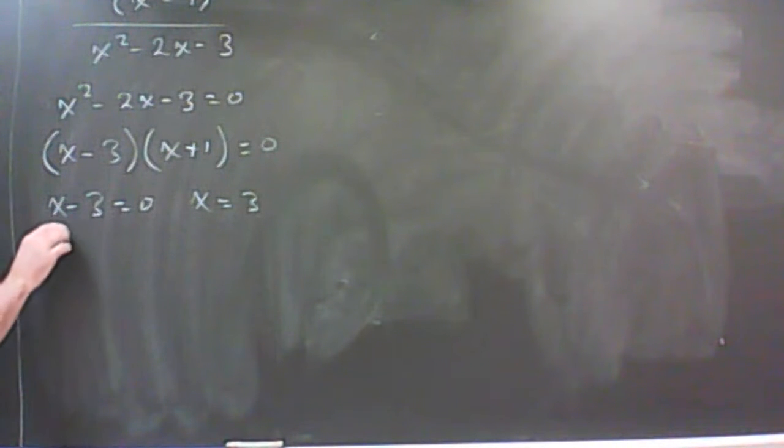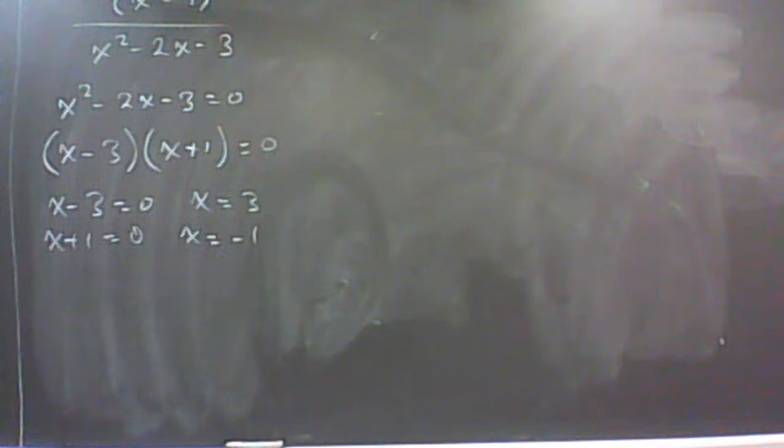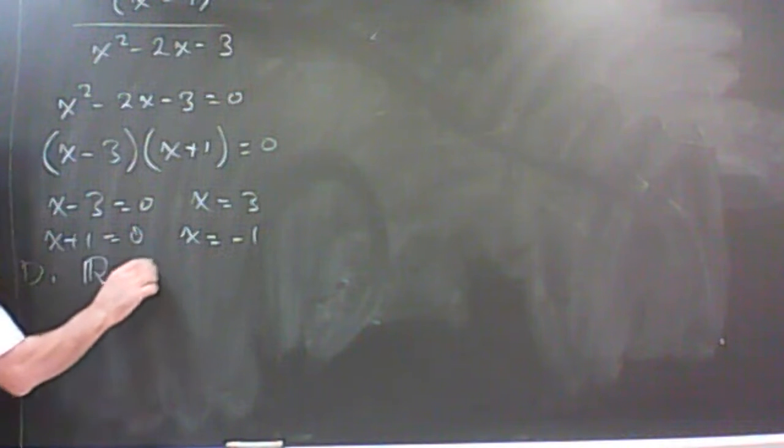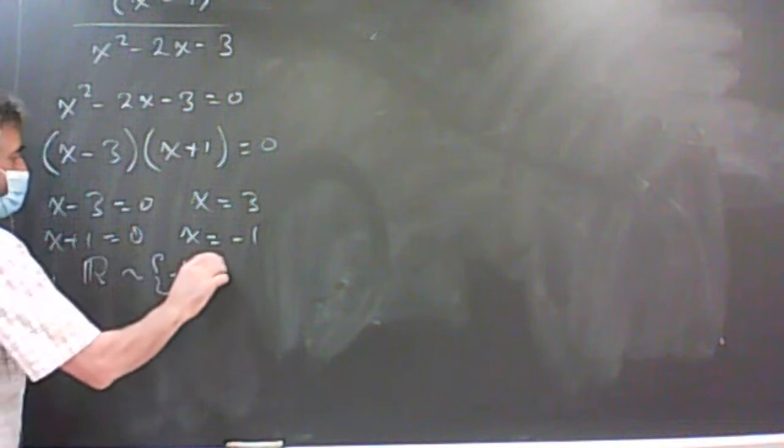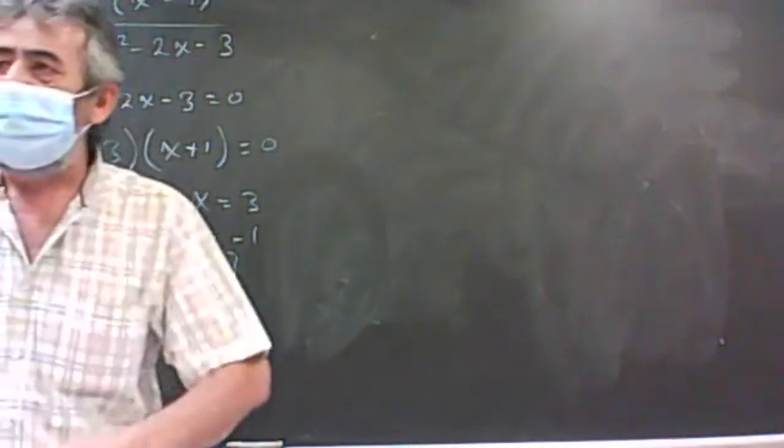And then we also have x plus 1 equals 0, x equals negative 1. So my domain is R, take away negative 1 and 3. Notice again, both of these are multiplicity 1. When they are multiplicity 1, that's good.